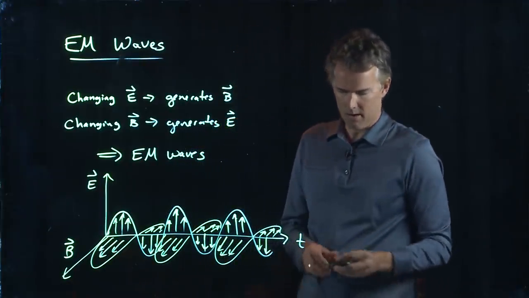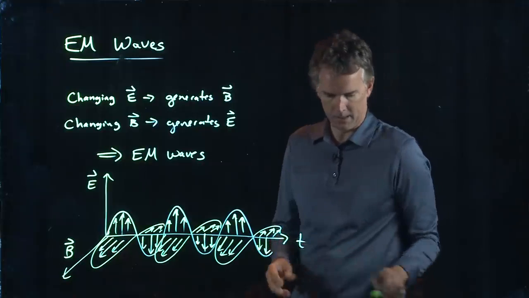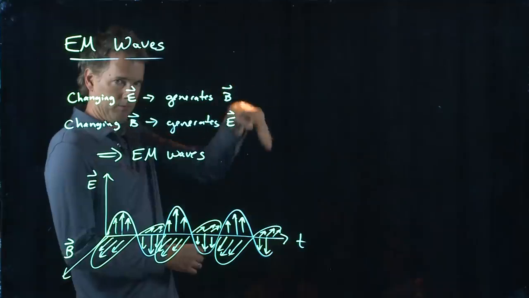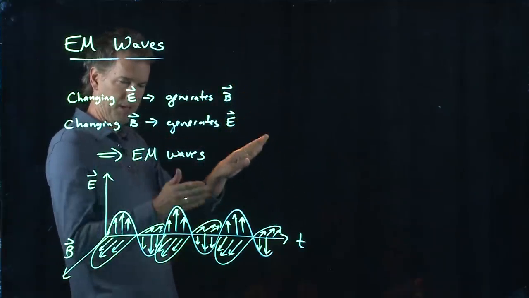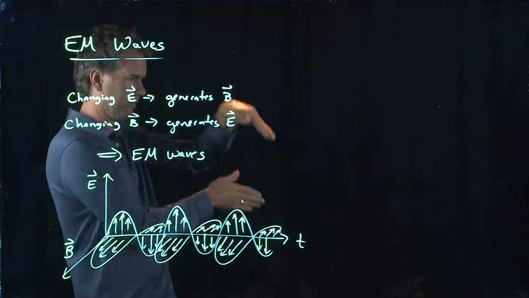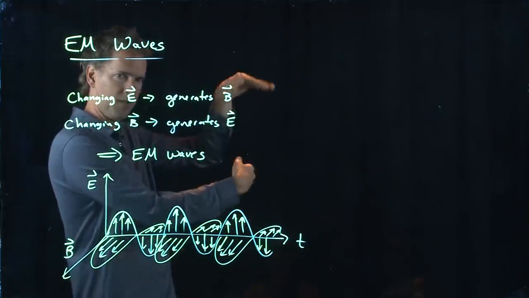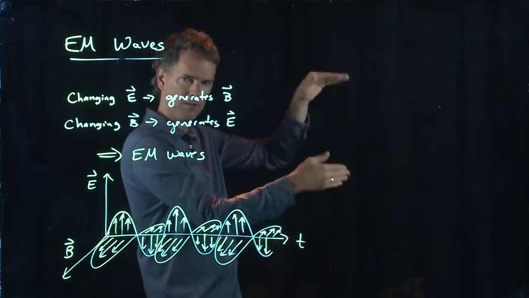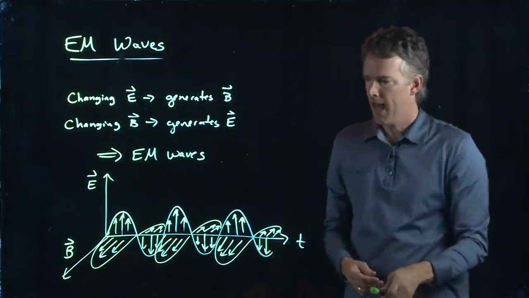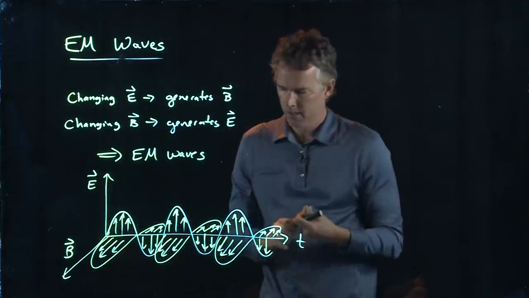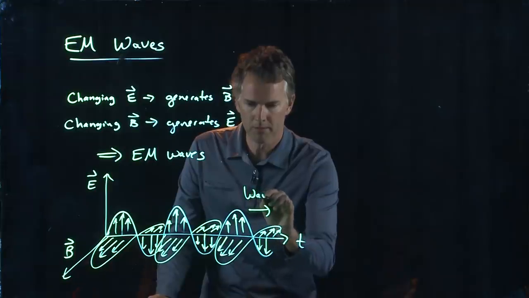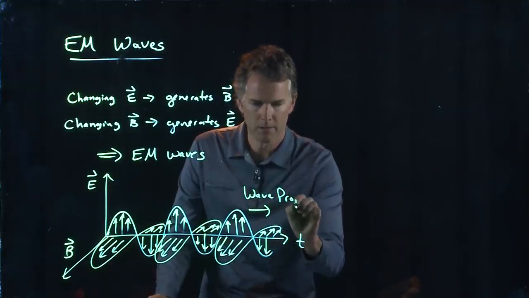So these things are doing something like this. E field is going up and down. B field is going in and out. And so they're sort of doing this. Okay, it's like two fish swimming along. One going up and down, one going left and right. And as this happens, this entire thing propagates to the right.